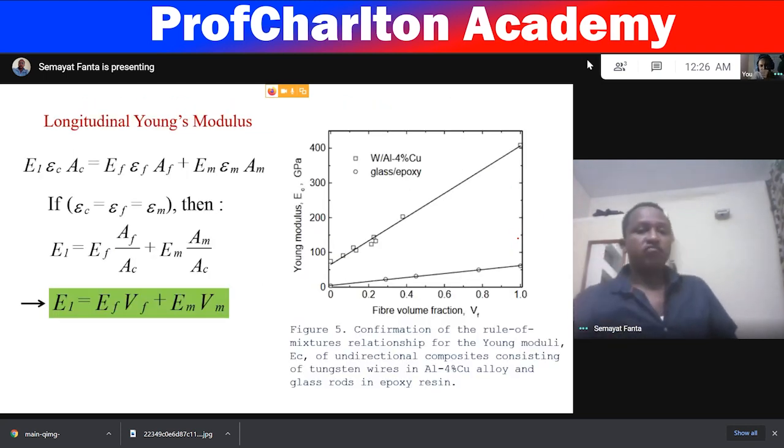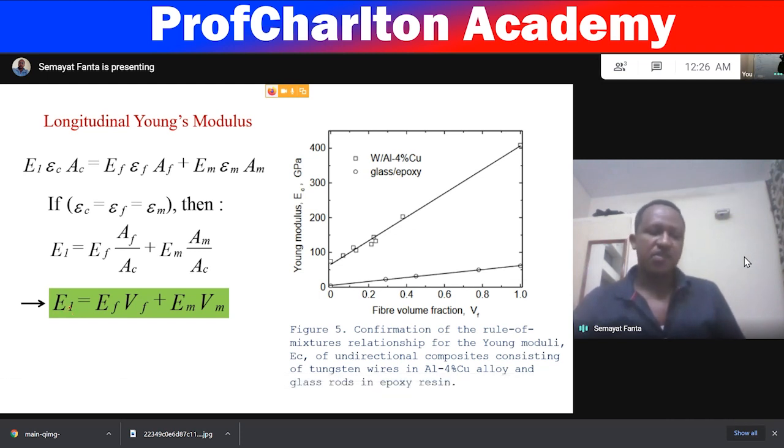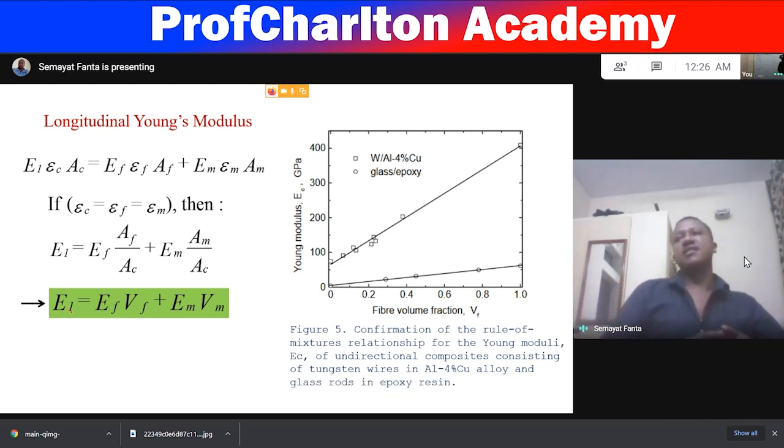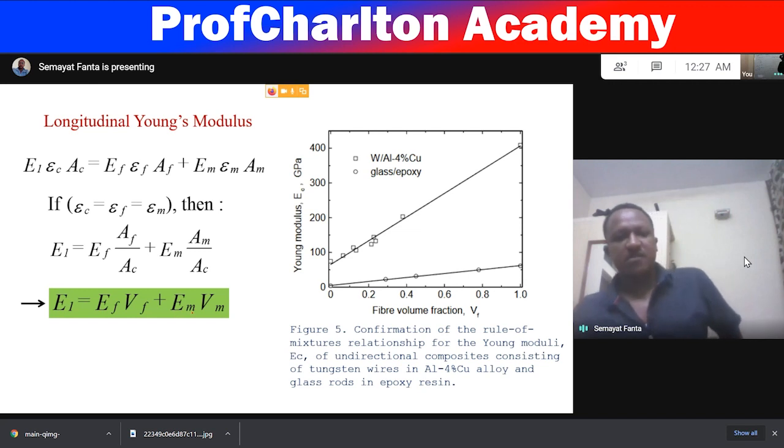So for the longitudinal modulus, finally we get this formula: E1, which is Young's modulus in the one direction, that means the load is applied in the fiber direction, equals EF times the volume fraction of fiber plus Young's modulus of matrix times the volume fraction of matrix.